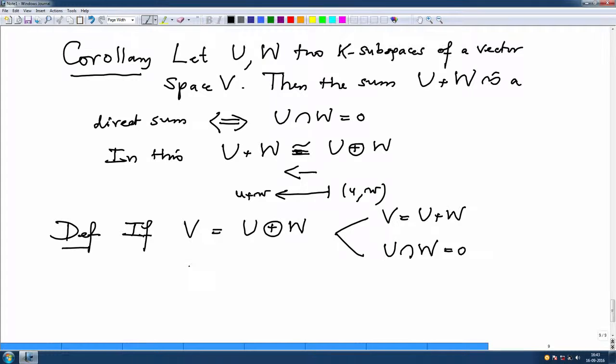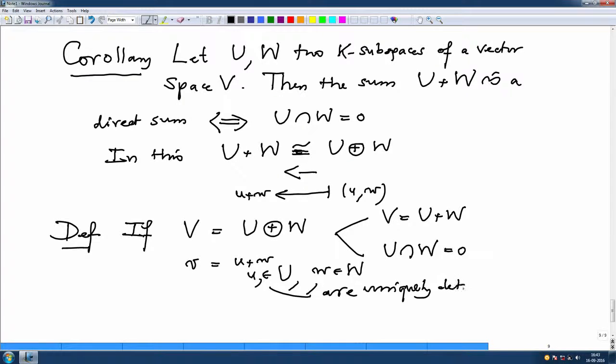Therefore, any element v in V has an expression u plus w, where u is in U, w is in W, and u and w are uniquely determined by v.